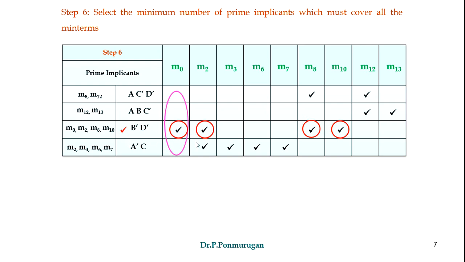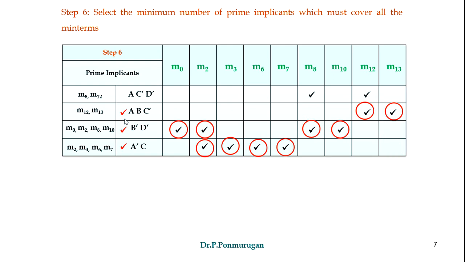So we have to look for other columns with a single tick mark, which is M3. It has only one tick, so we can take all the terms for that row, circle it like this, and select it as a prime implicant. And the next single tick is present in M13, and we can circle the related minterms present in that term, and we can select it as a prime implicant.